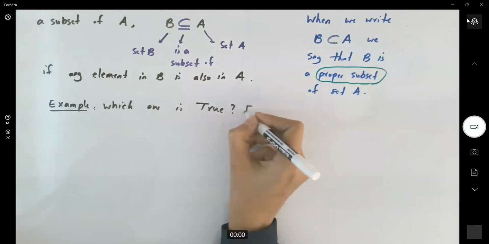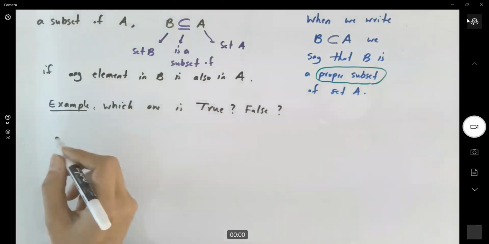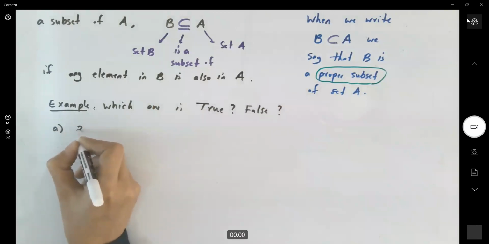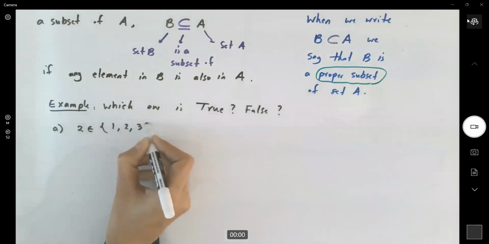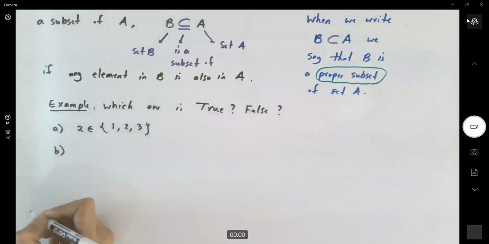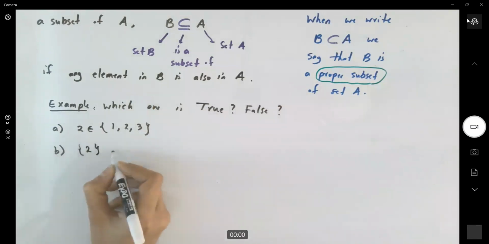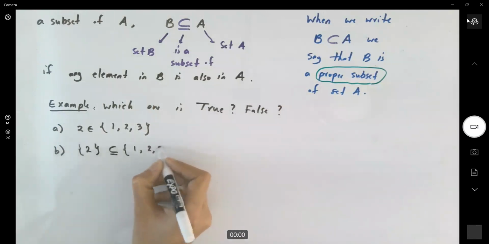Which one is false? Okay. The very first one says 2 belongs to 1, 2, 3. The second one says the set including 2 is a subset of 1, 2, 3.